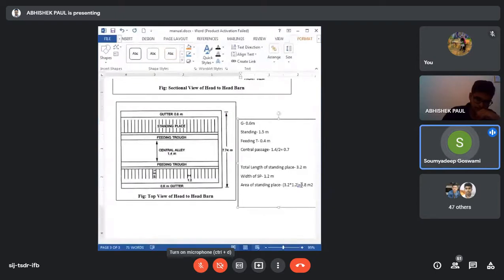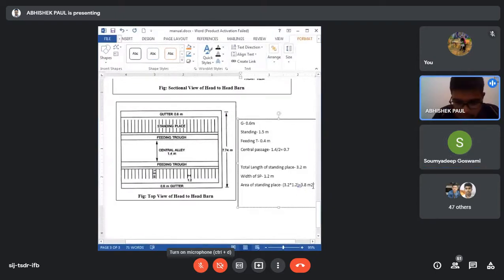Sir, 41.3. Okay, 41.3 feet square. So now you can assume 41.3 or almost equivalent to 40. Now you got my point or not?